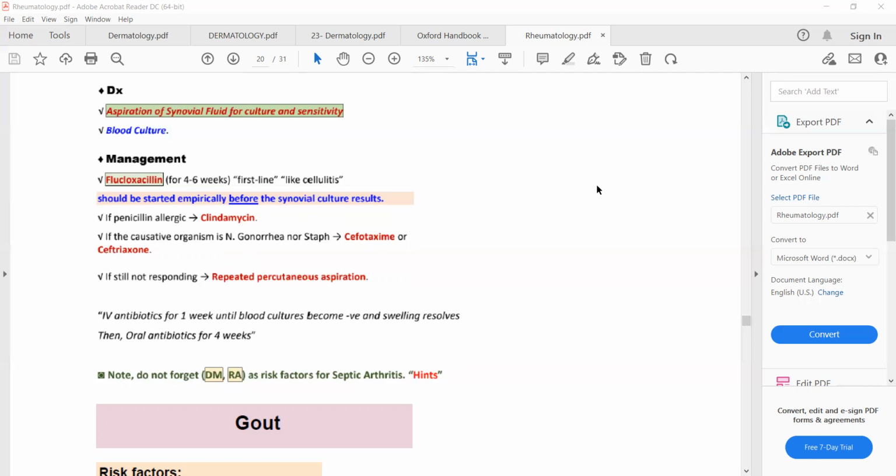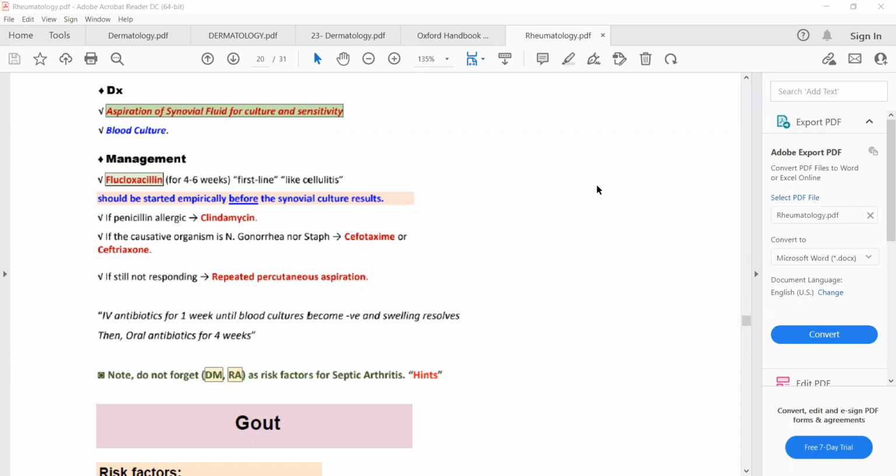So this was all about septic arthritis. The most common cause of septic arthritis is Staphylococcus, and the cause in sexually active young people is gonorrhea. The risk factors for septic arthritis are immunosuppression and rheumatoid arthritis. Immunosuppression includes diabetes mellitus, someone on steroids, and someone with a history of HIV. The investigations include culture and sensitivity of synovial fluid and blood culture.